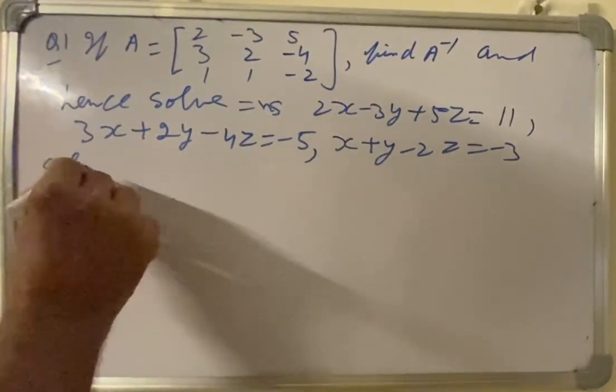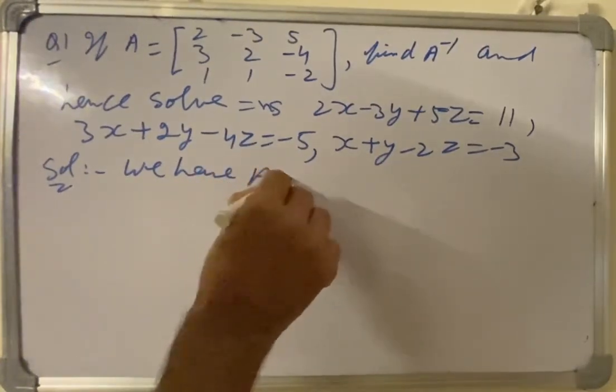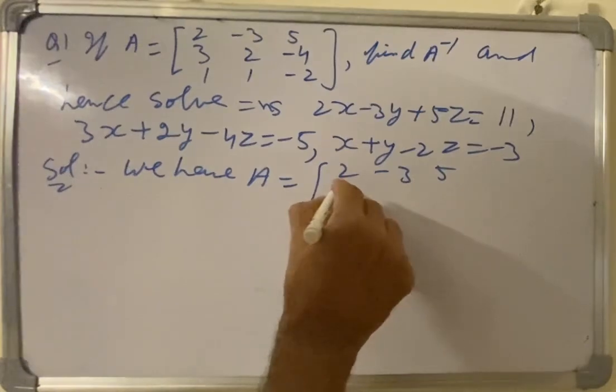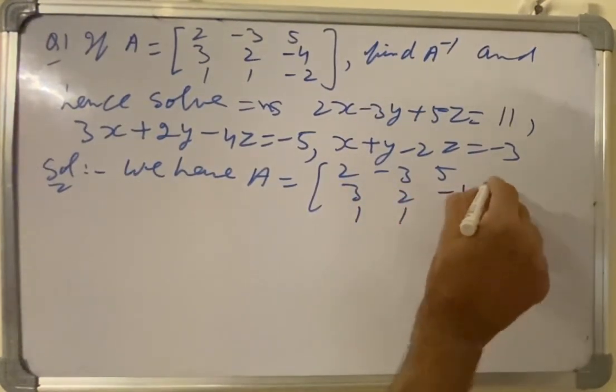Solution, we have matrix A is equal to [2, -3, 5; 3, 2, -4; 1, 1, -2].